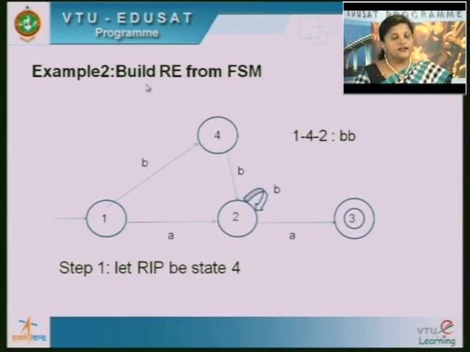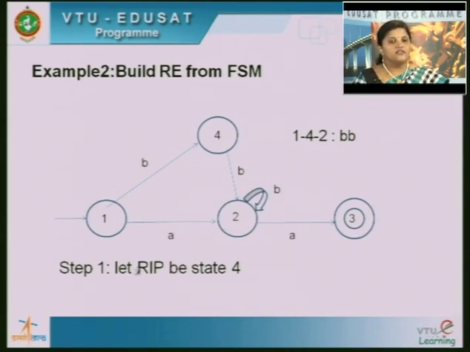Here the start state has only outgoing transitions, and there is only one accepting state, which has only incoming transitions. So there is no need to modify the start state and the accepting state. Directly you can remove the intermediate states, that is state 4 and state 2.